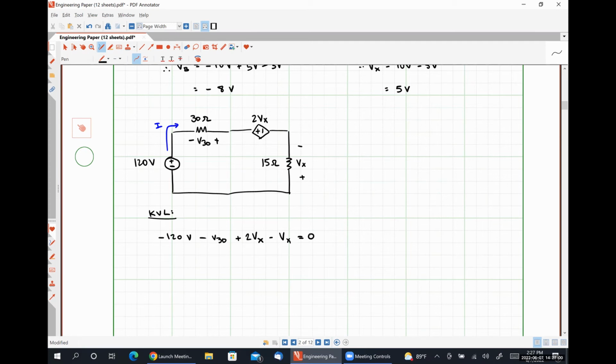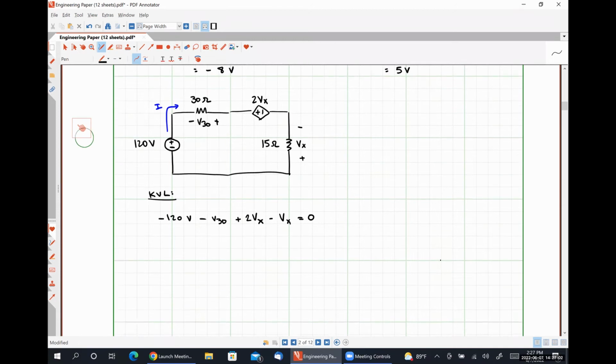And we can do a little bit of algebraic manipulation here and say that negative V30 plus Vx is equal to 120 volts. Is everybody okay with that algebraic manipulation?